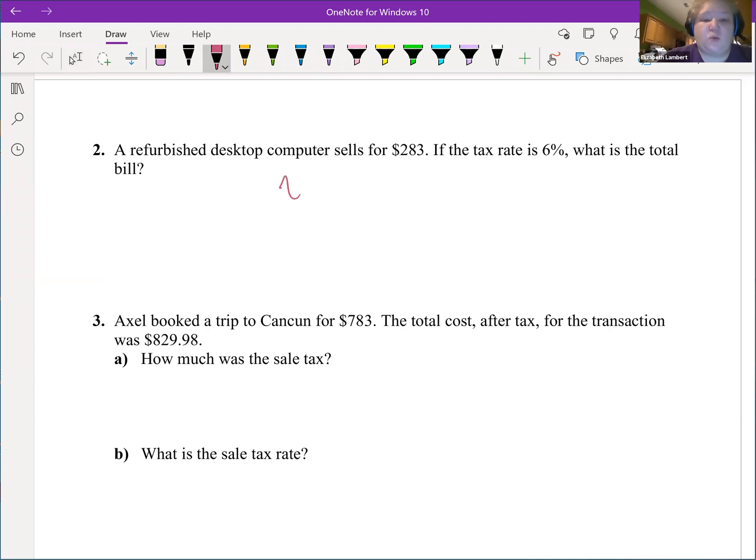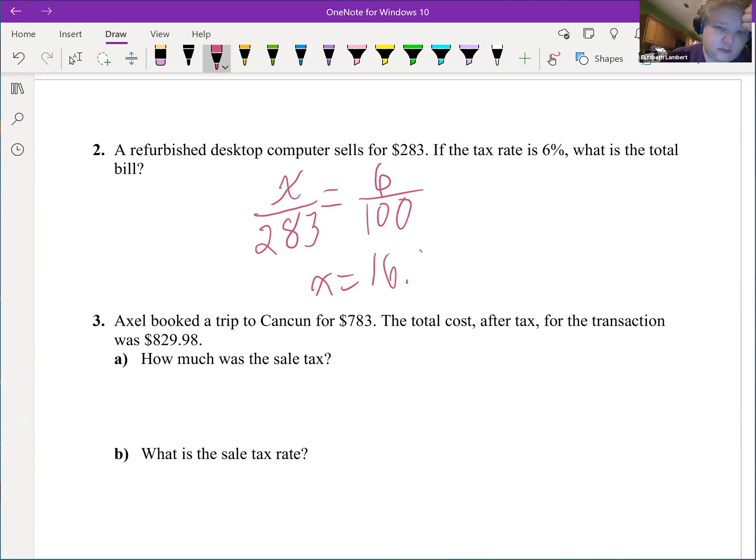So we're asking, what is 6% of 283? And we get 16.98. So that is the amount we're going to pay in taxes.